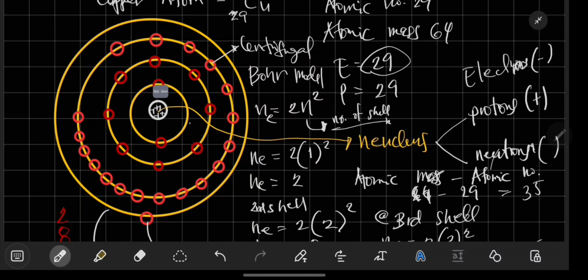So as they are near to the center, mas mabilis yung ikot nila. Mas malapit yung mga electrons sa center, mas mabilis yung ikot nila, mas malakas yung force na ine-exert nila palayo sa center, which is equal to centrifugal force. Okay? So habang lumalayo yan, mas humihina yung centrifugal force na ine-exert nila, which is outward to the center.